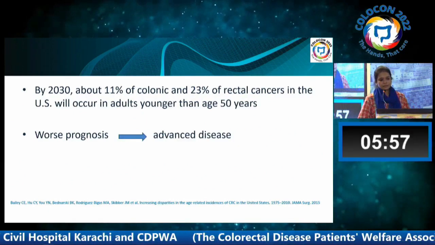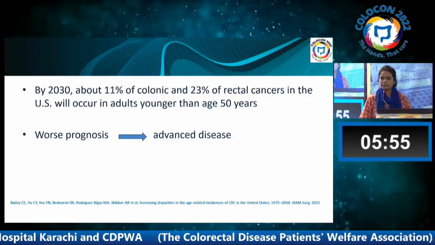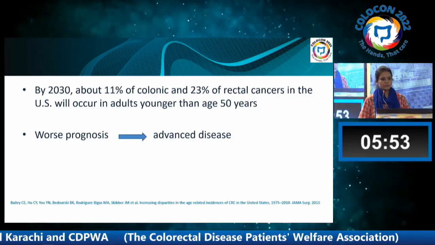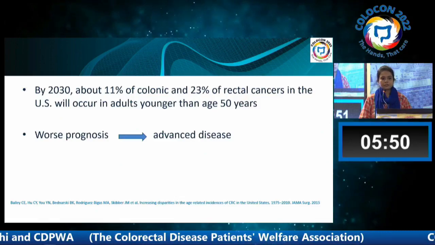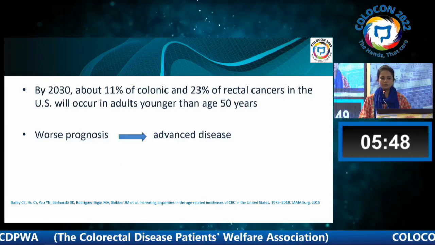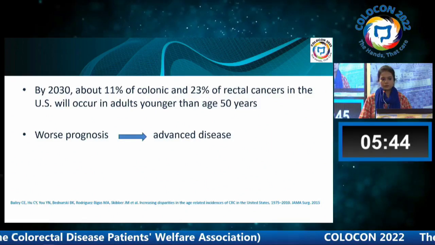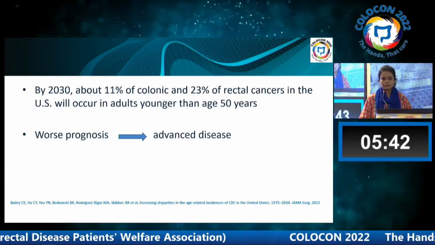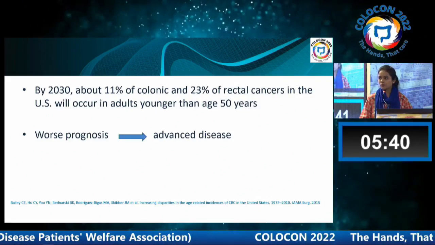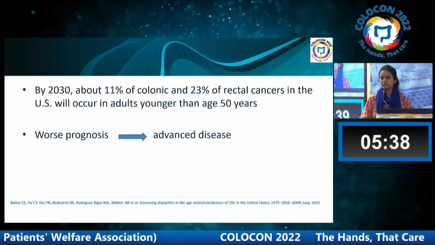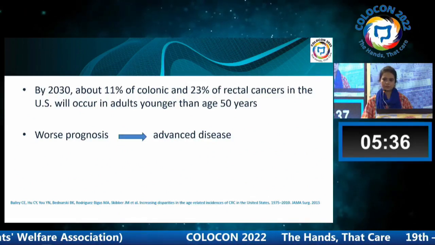In one study, it is stated that by the end of 2030, 11% of colonic and 23% of rectal cancers will occur in young adults in the US. And it has a worse prognosis because it is diagnosed late as an advanced disease.